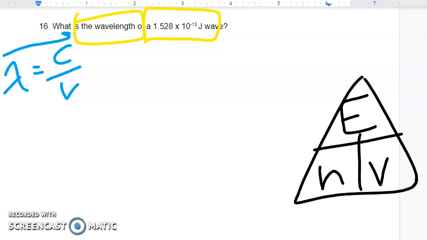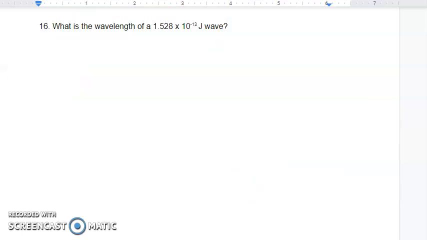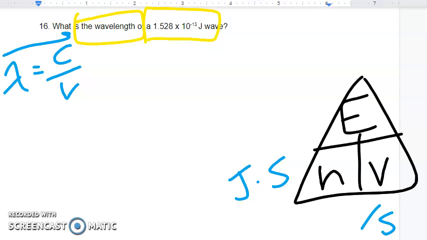Remember, it's not velocity, it's not frequency. Frequency is per second. Our Planck's constant is joules times second, but energy is in fact joules. So guys, we need to make sure that we notice that what we are given here is energy.